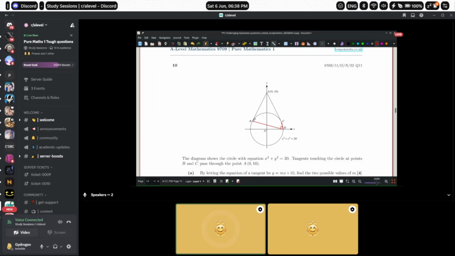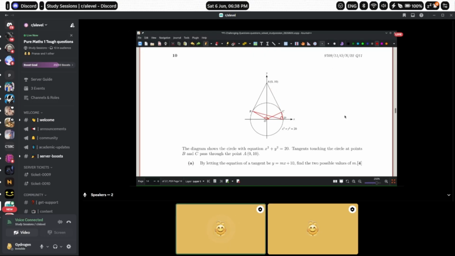So if we find this angle, then this will be double the angle that we need. We can use any of these facts, or we could even find this angle and then use that to find this, and then use this to find this. So there are many ways to do it, but the easiest way would be finding angle BOC and then dividing it by 2 to get this angle.